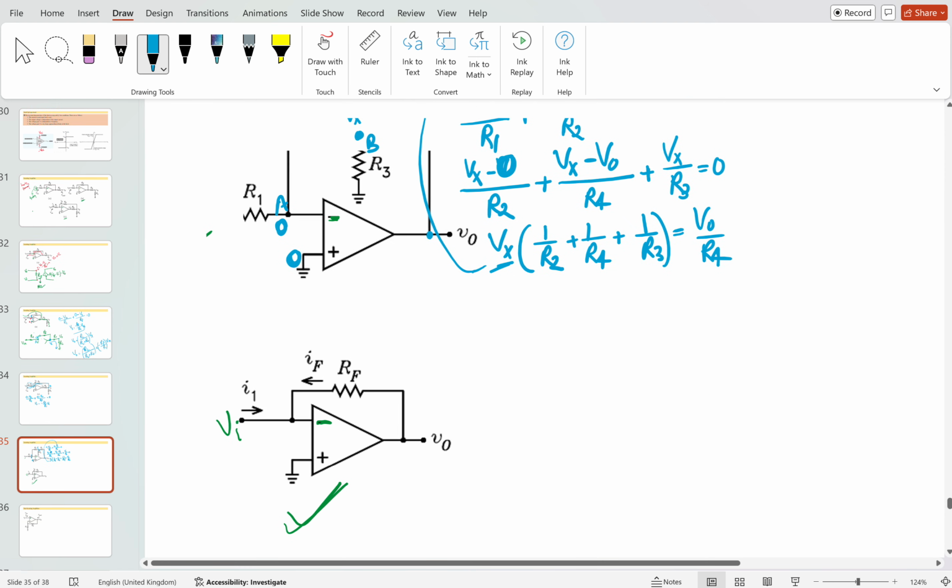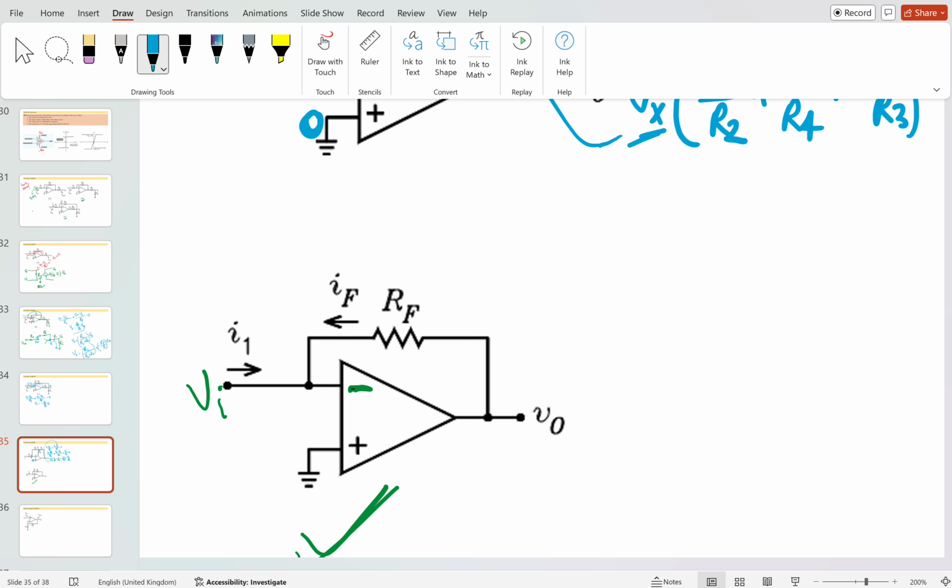Okay, let's take another example. Suppose I am taking this simple example. Here also, this is 0, and this also becomes 0. Apply the KVL in this loop. So here also you can see that the V input is already becoming 0, because this node is already connected here.